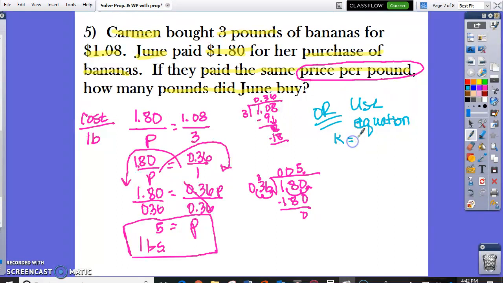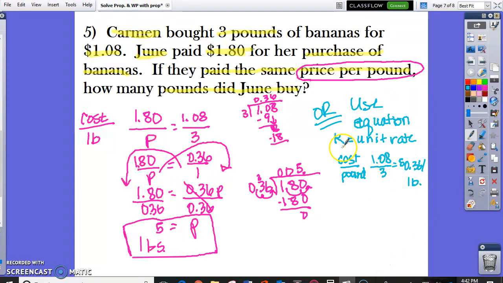K will be the unit rate. I think we found the unit rate over here, did we not? Did we get a 1 in the denominator? We did. So it was cost per pound. We did $1.08 over 3, and we got 36 cents. So it was 36 cents per pound.